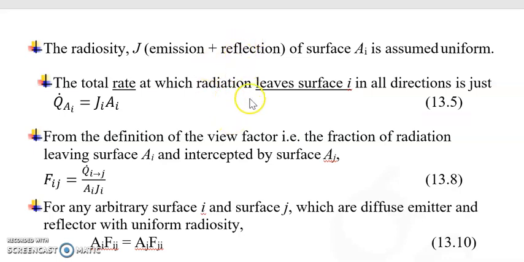The total rate at which radiation leaves surface i in all directions is just given by 13.5, J multiplied by surface area of i, the radiosity multiplied by surface area. Now, from the definition of the view factor, that is the fraction of radiation leaving surface i and intercepted by surface Aj, we have the definition of view factor in the form of an equation given in 13.8.